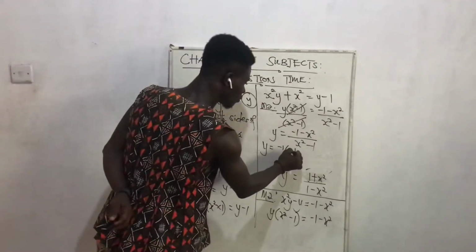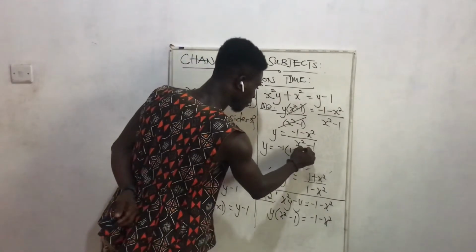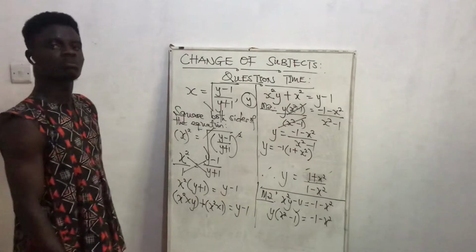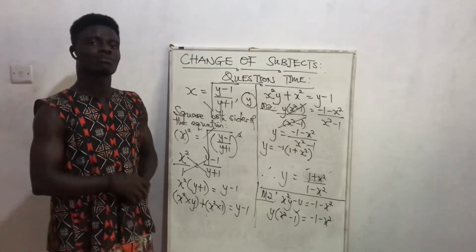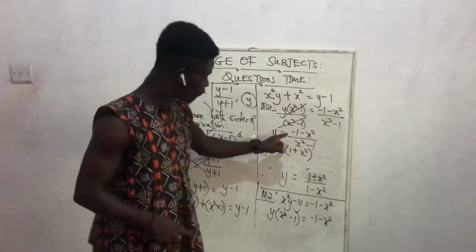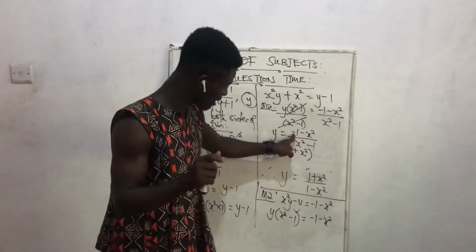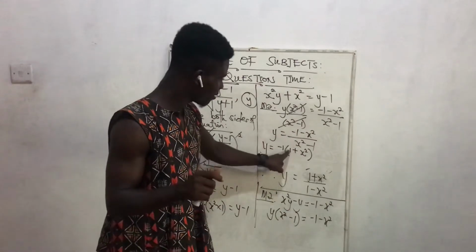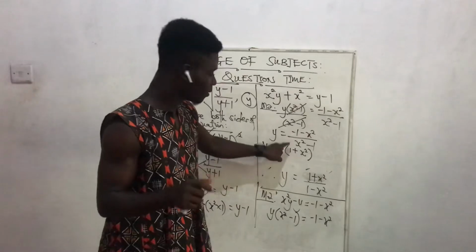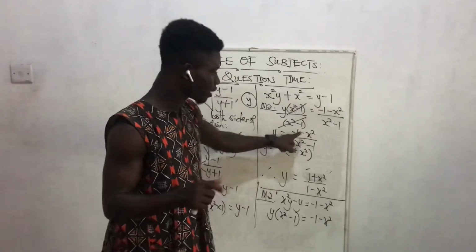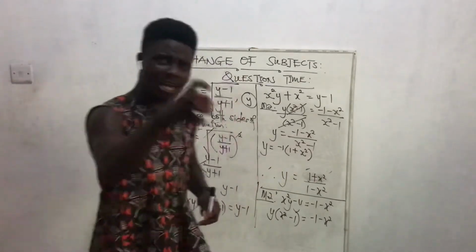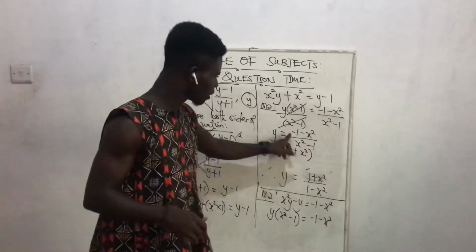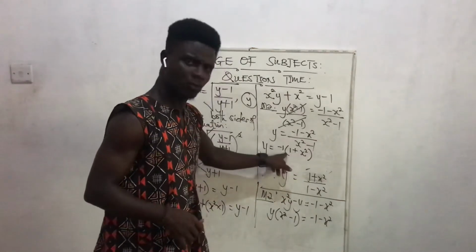Then here becomes positive x squared. If I factorize -1, then here becomes positive 1, because I'm taking out my negatives. Then if I take out my negatives, then it will remain my positives here. Do you understand that?